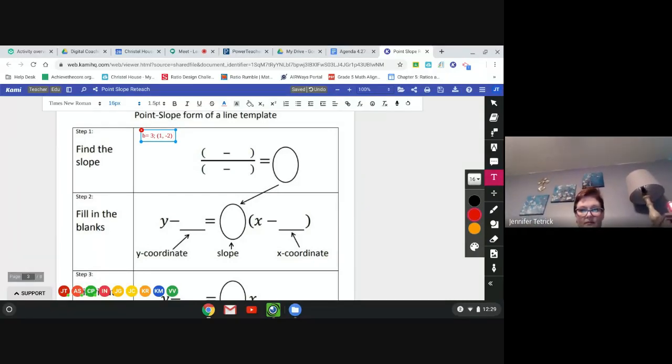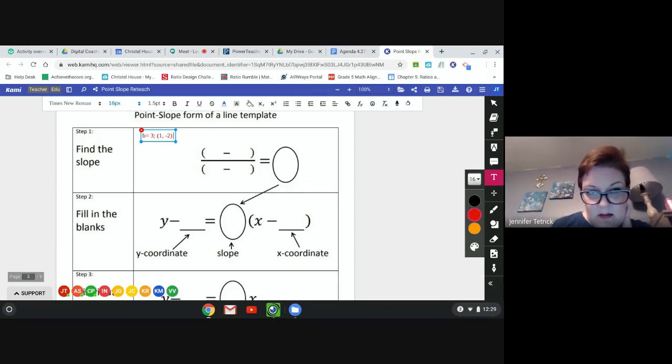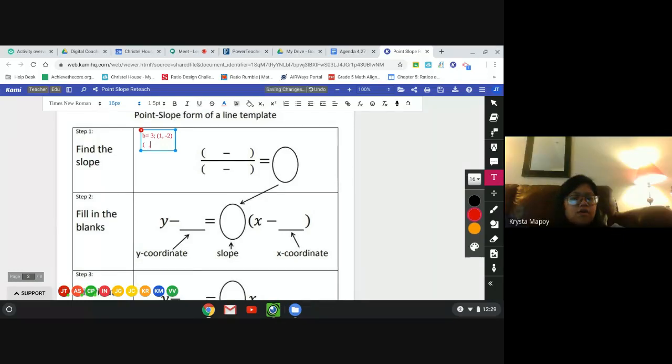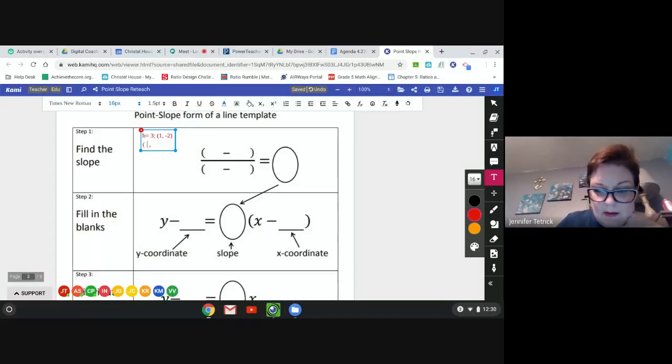We just set it up there. I have a B, which means that it's going to be what letter? Someone put 0, 3. Nice, to the person who paid attention to the notes I put on there this morning. So 0, 3. So when you have B, you have the y-intercept, which means that you have 0, 3. And my second point is going to be 1, comma, negative 2.